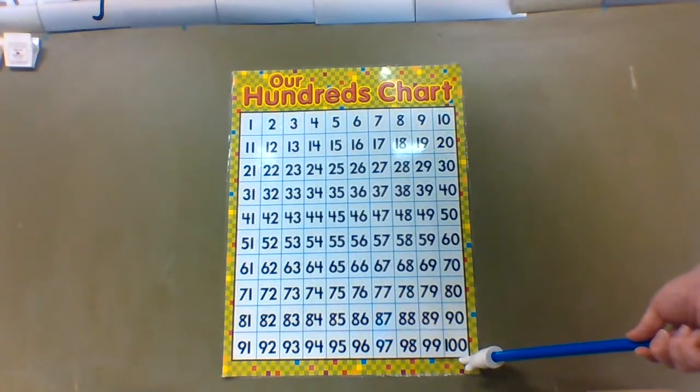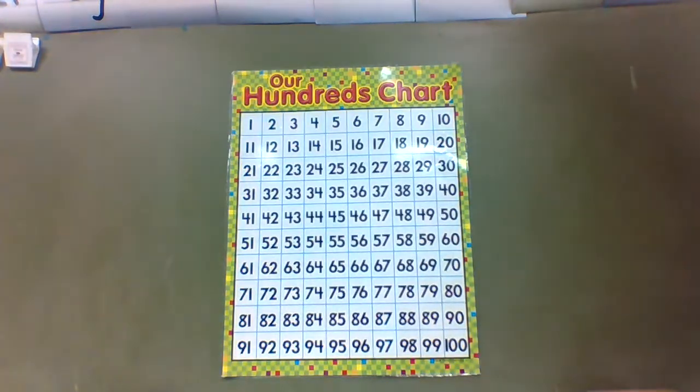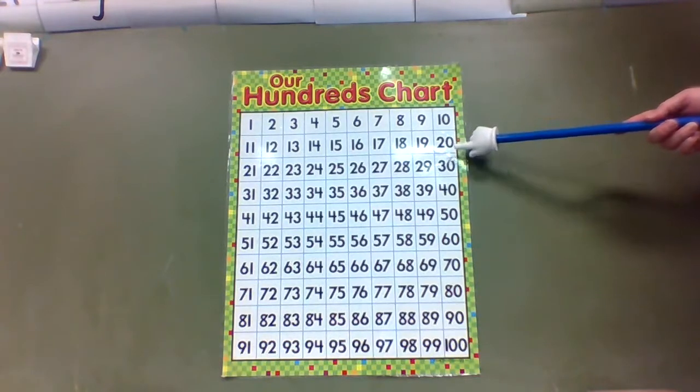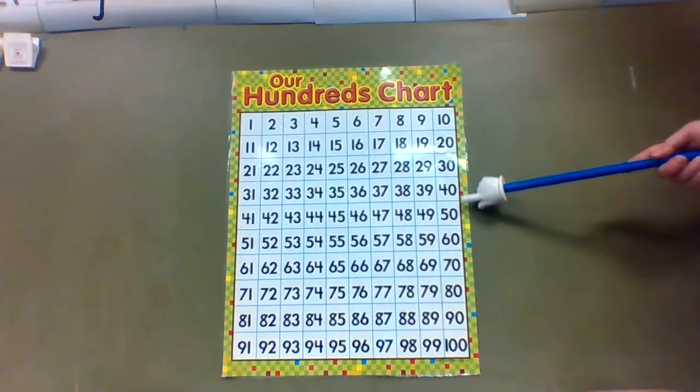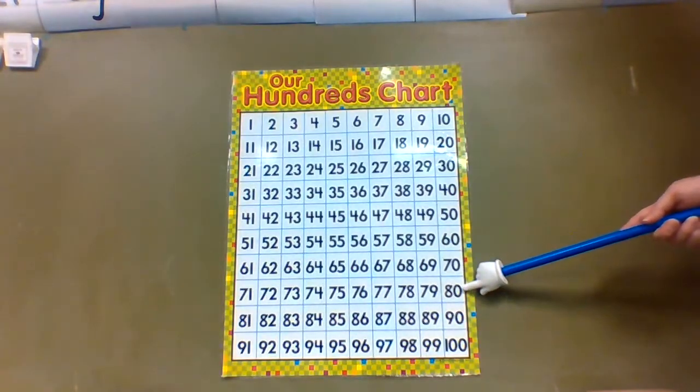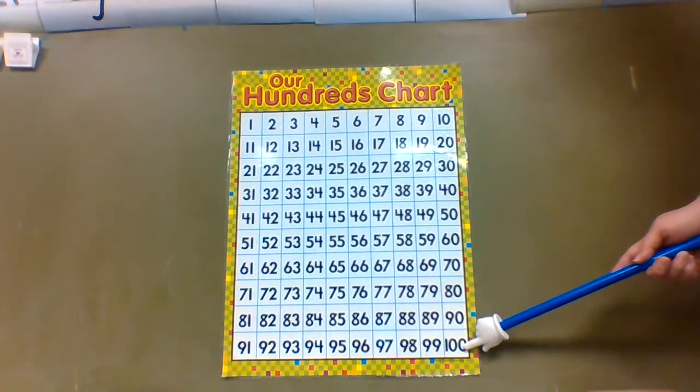99, 100. All right, let's count by tens. 10, 20, 30, 40, 50, 60, 70, 80, 90, 100.